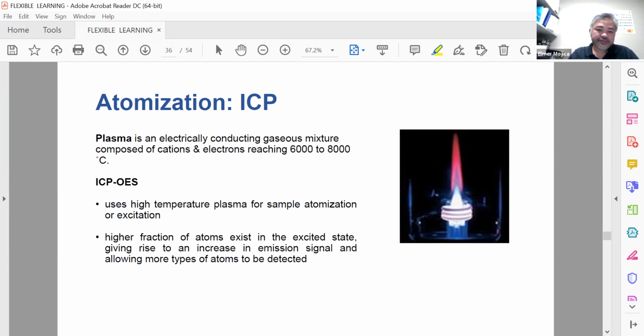In ICP-OES, you use high temperature plasma for sample ionization or excitation. You get a higher fraction of atoms existing in the excited state, giving rise to an increase in emission signal and allowing more types of atoms to be detected.